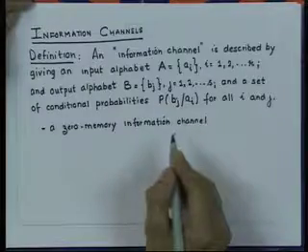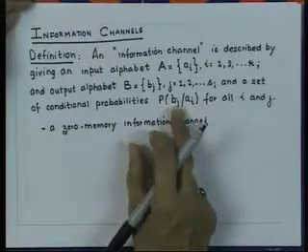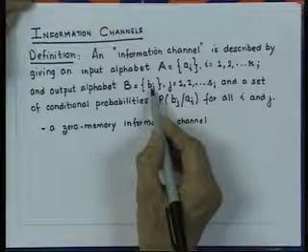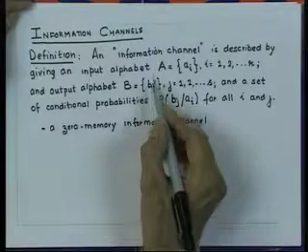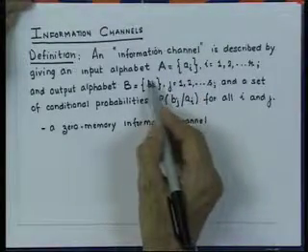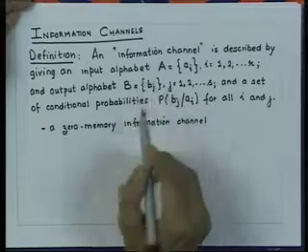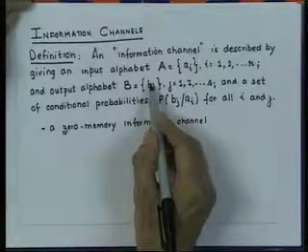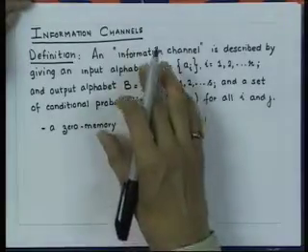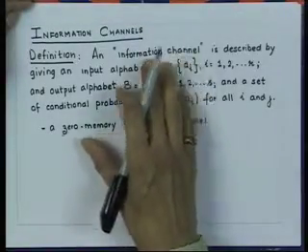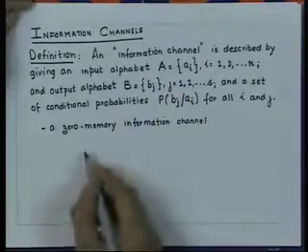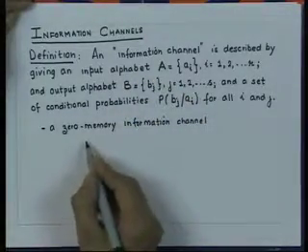A more general definition, where the probability of a given output B_j may depend upon several preceding input symbols, or even output symbols, is also possible. Such channels are referred to as channels with memory, and we can represent this channel graphically as shown in the figure here.